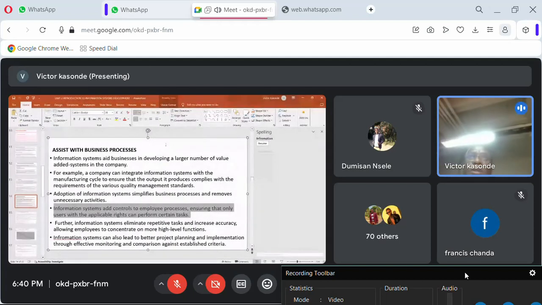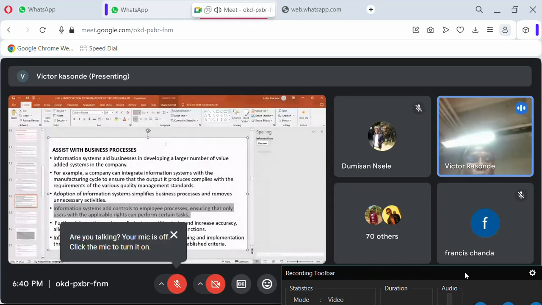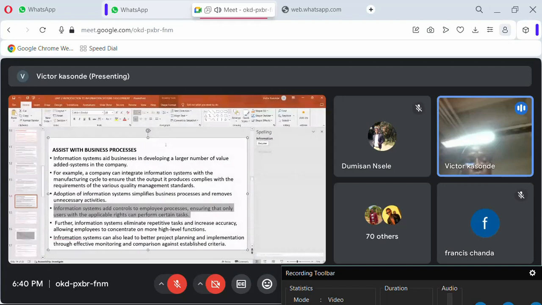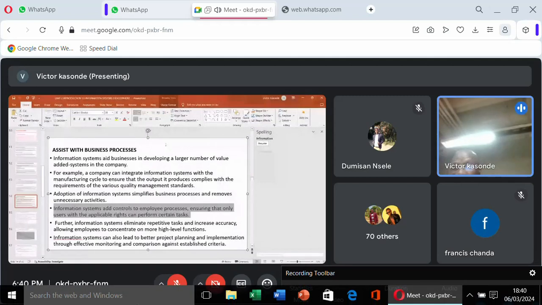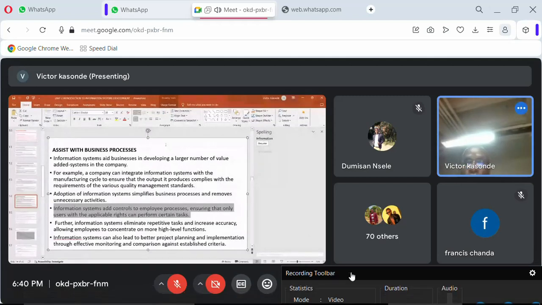For example, if you are entering data and you have already entered that person, the system is supposed to flag that this name is there. So those issues of repetitive tasks and accuracy can be addressed. Information systems can also lead to better project planning and implementation through effective monitoring and comparison against the established criteria. All those you are supposed to do.